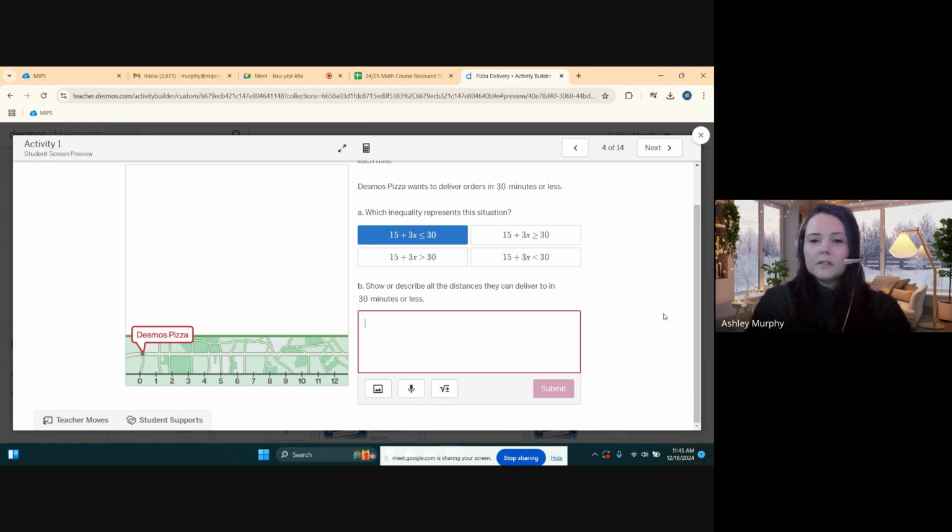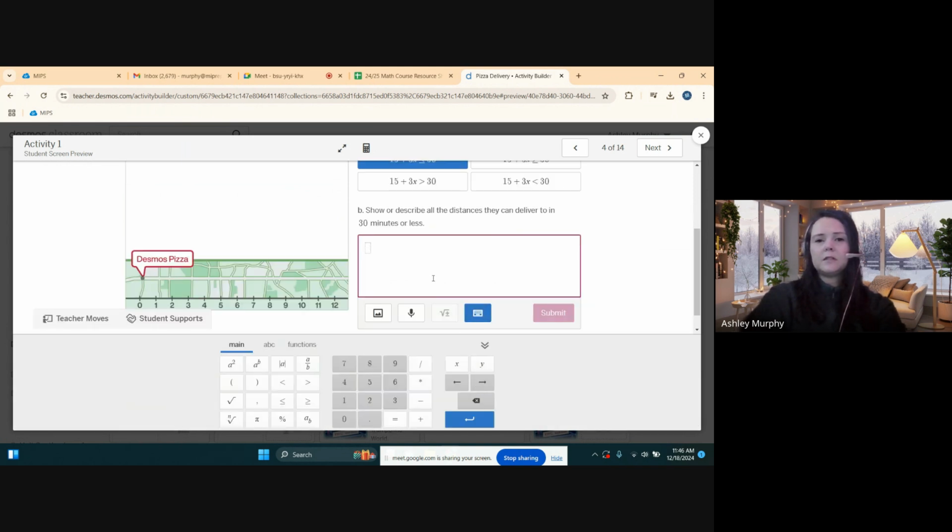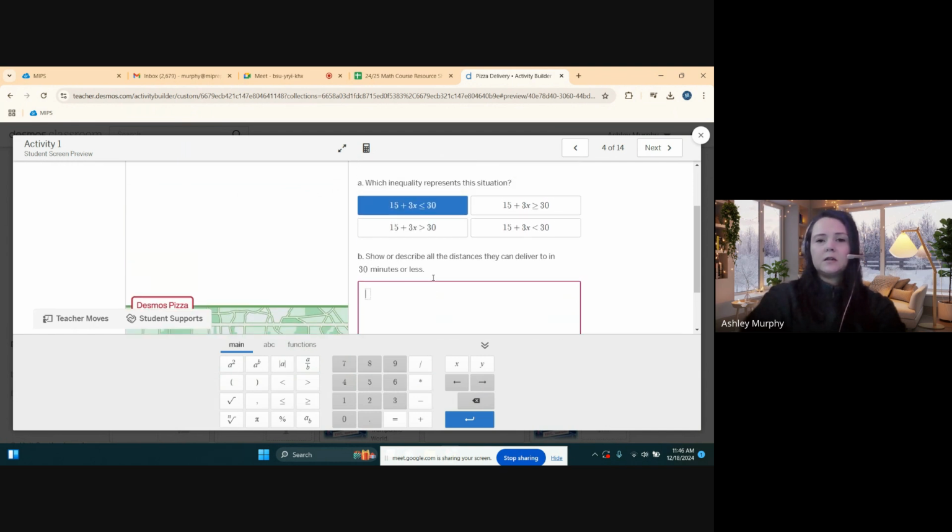Describe all the distances they can deliver in 30 minutes or less. So which values of x will be included? We basically have to solve this inequality. I would subtract 15 from both sides, which gives us 15, and then divide by the 3.